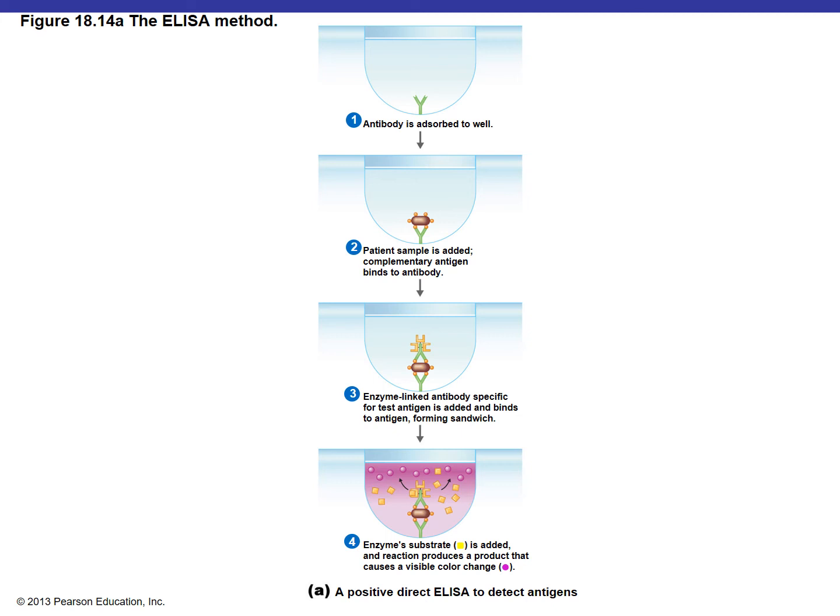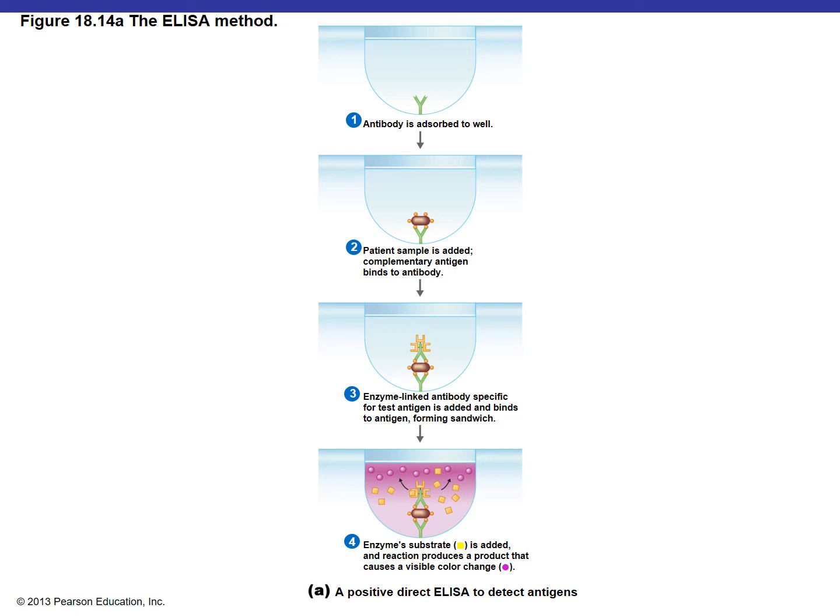Now for this test, you actually have to have two antibodies. One would be bound to the well, and the other one would be bound to the enzyme. So you add the patient's sample.